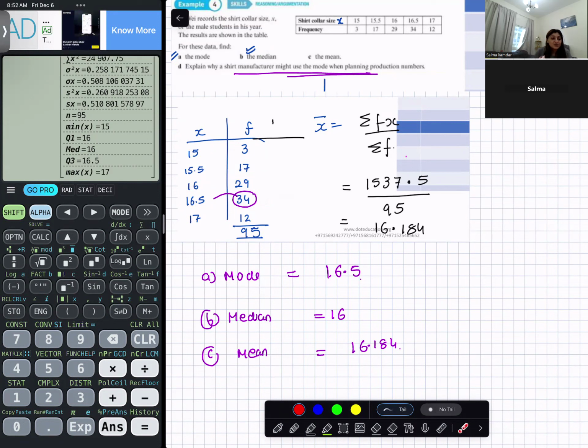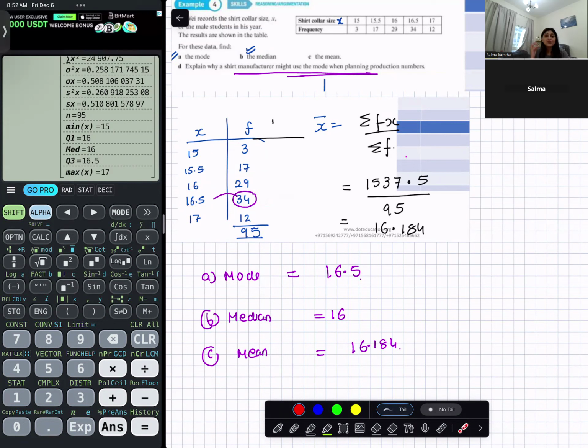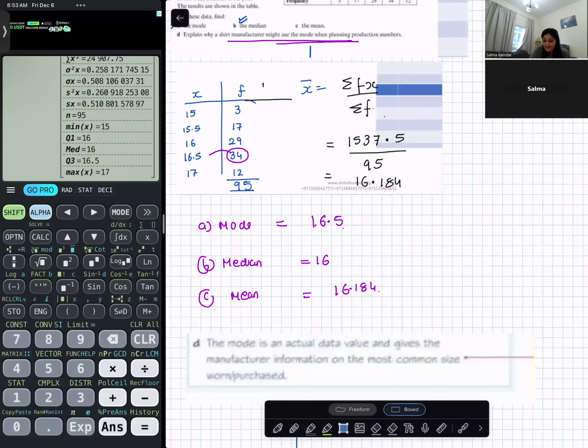Mode is an actual data value and it gives the manufacturer information on the most common size worn. And that is how the manufacturer will use the mode. While planning the production numbers, the manufacturer will use the mode because that is the most common size worn or purchased.